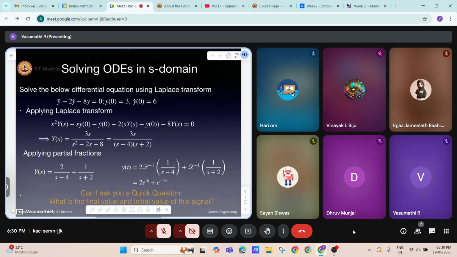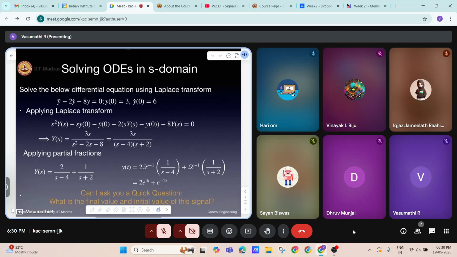After you get a linear equation and apply all the initial conditions, where y dot equals 6 and y equals 3, you will get an equation where capital Y of s is represented. When you do partial fractions, you will get the Laplace transform of the answer.